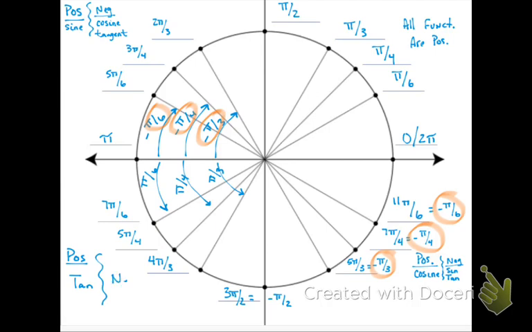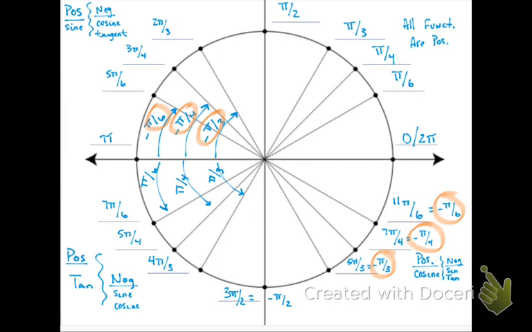So that means if we have anything down here where we go outside of our interval, and we're dealing with sine or cosine, then that value needs to be negative.